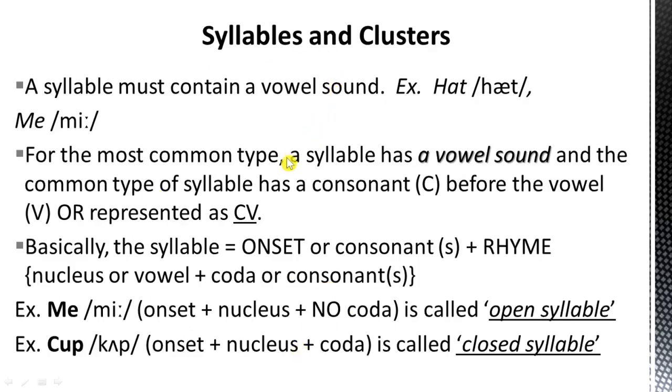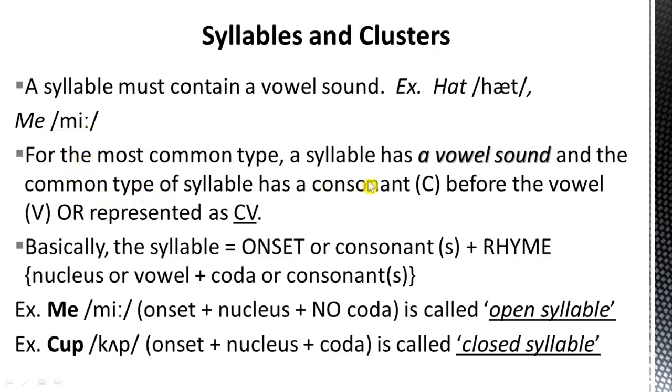Another section is about syllables and clusters. Normally, in language, a syllable must contain a vowel sound, like hat. So it has an "a" sound, right? And me, with the sound "ee".